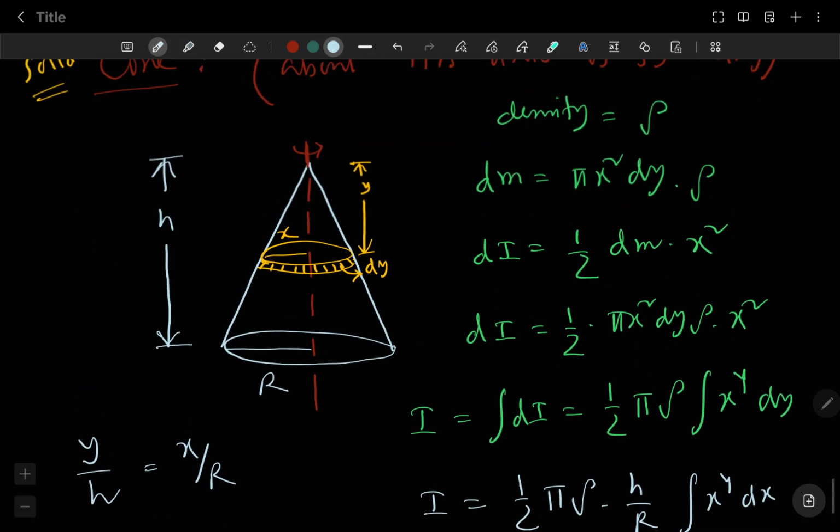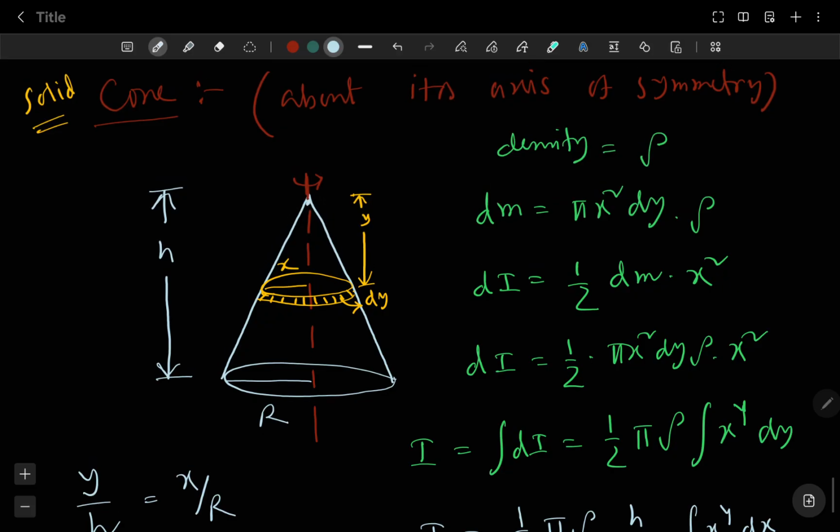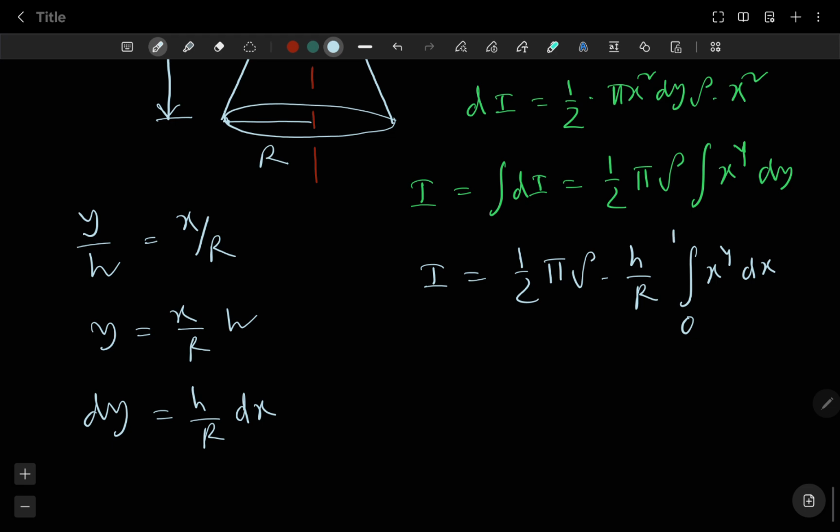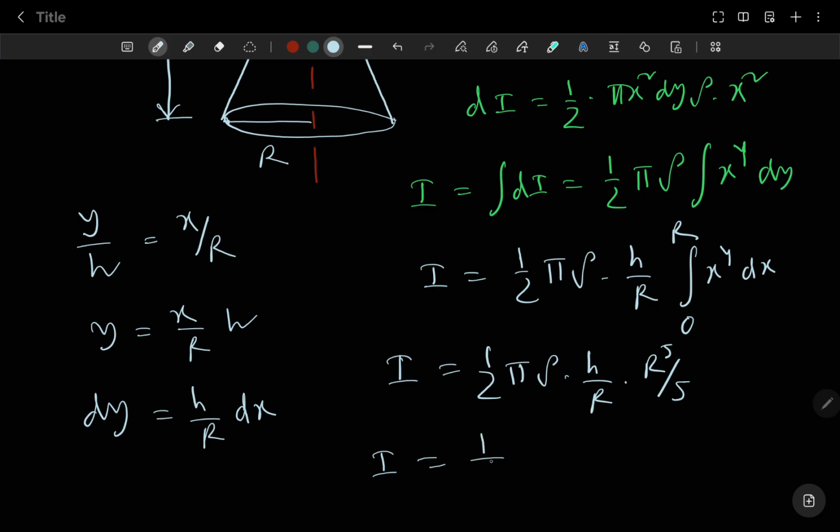Now the limit of x here is 0 and here it is capital R, so from 0 to R. So it will be x⁵ by 5, that is R⁵ by 5 minus lower limit 0, I am not writing it. So it is 1 by 10 pi rho h R⁴.